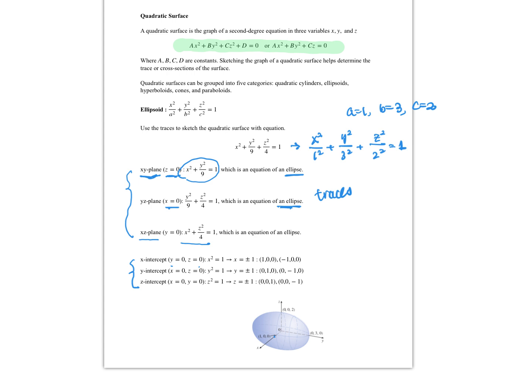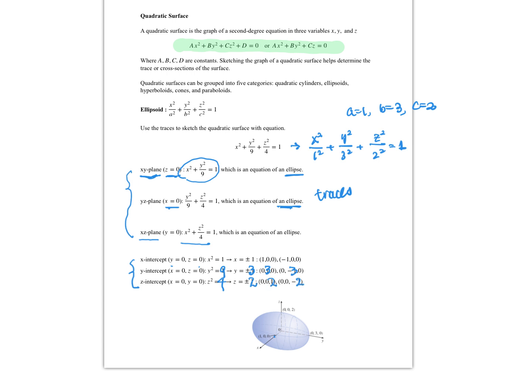Second is the y-intercept, with x and z equal 0, so y squared is 9 and y is positive or negative 3. So the points are 0, 3, 0 and 0, negative 3, 0. For the z-intercept, x equals 0 and y equals 0, z squared is 4, so z equals positive or negative 2. The z-intercept is right there.